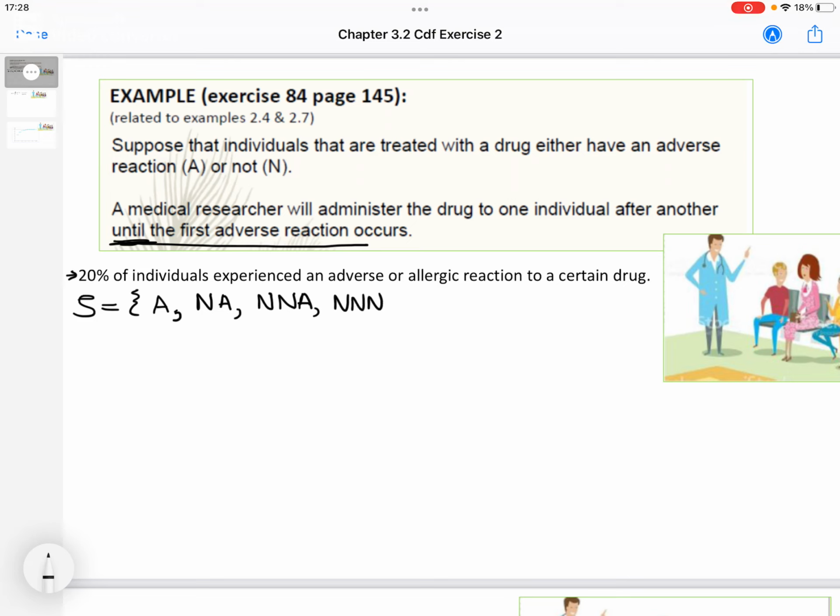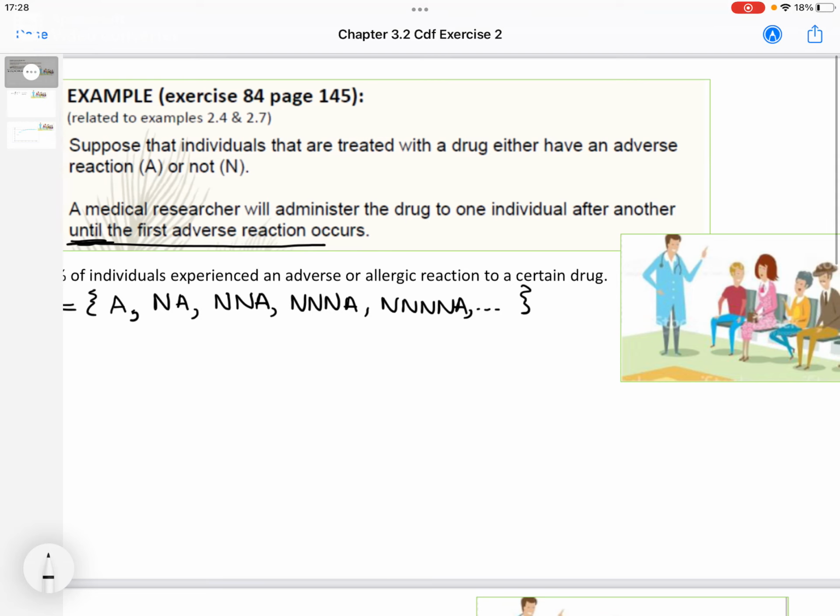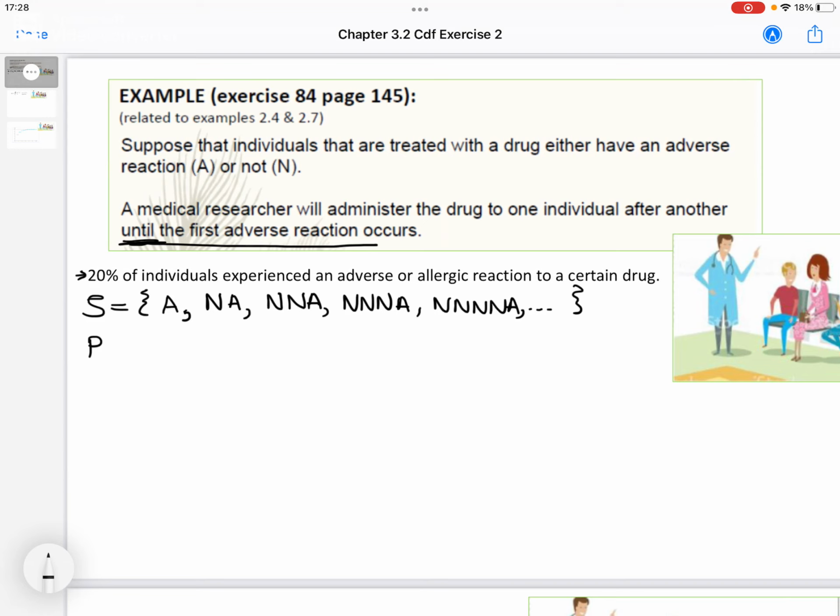Or it might be that we gave the drug to 3 people, they were fine, but only the 4th person got an allergic reaction. Or maybe we gave the drug to 5 people, right? Where 4 of them were fine and only the 5th got an allergic reaction, and so on. So we see that we have an infinite number of possibilities or number of outcomes in this example.